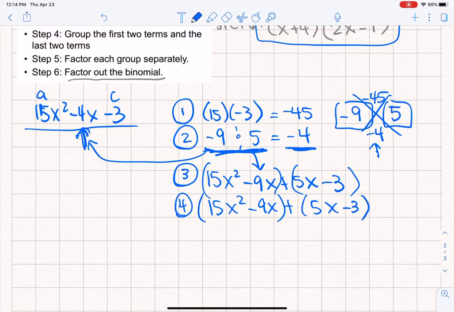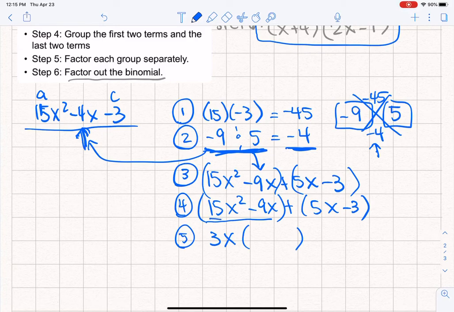All right, cool. Now, what can I take out here on the first thing? Well, they both have an x, so I can take out an x. Let's factor out an x. What else can I factor out? Well, 15 and 9 both have a common factor of 3, so I'm going to take out a 3.